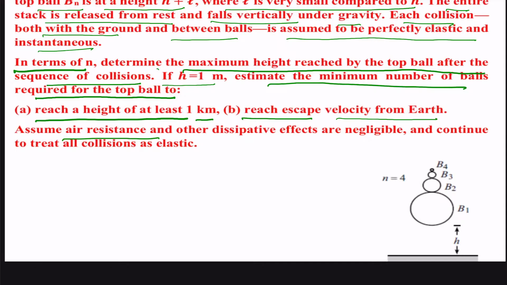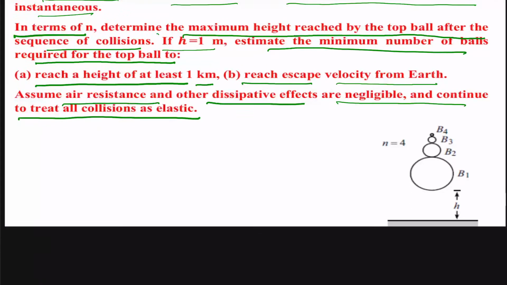Assume air resistance and other dissipative effects are negligible. Consider all collisions to be elastic. So this figure is only drawn for a number of balls, that is 4. B1 is having a mass of M1, B2 of M2, B3 as M3, B4 as M4, and it goes on up till our Mn.